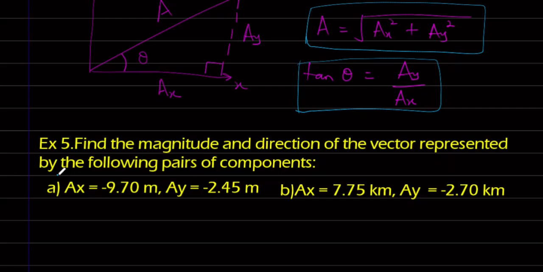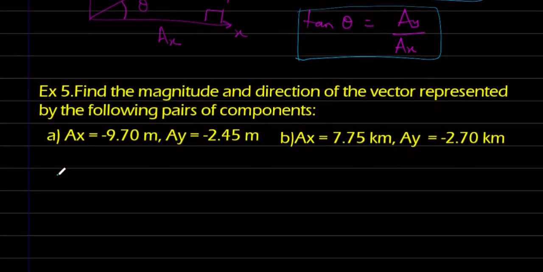This is example 5, which says, find the magnitude and direction of the vector represented by the following pairs of components, AX and AY. Feel free to pause the video to give it a try. Starting with the first one, we are given the components of the vector, and we want to find the magnitude. Like we have said, the magnitude is equal to the square root of the component along x squared plus the component along y squared.